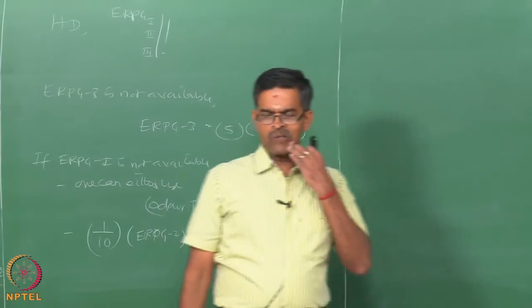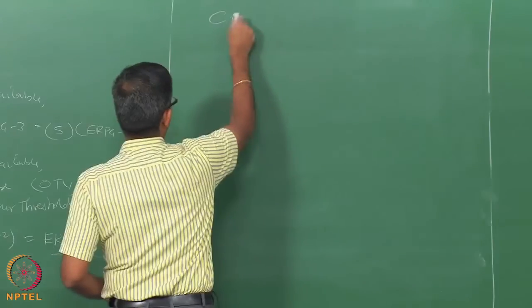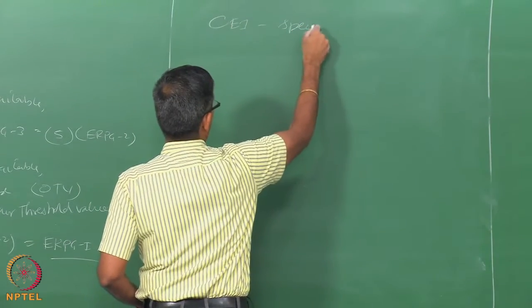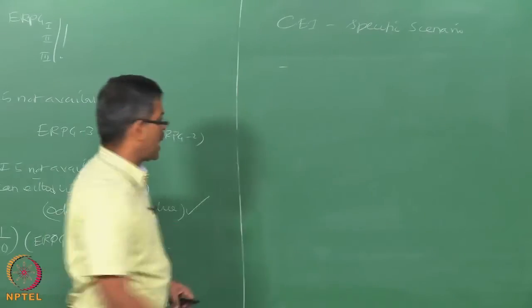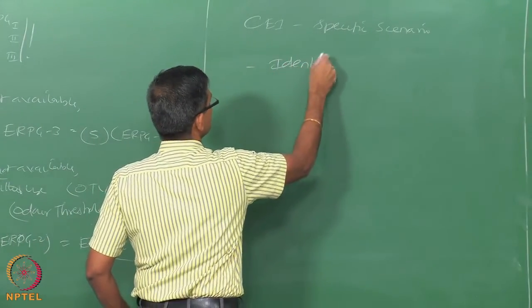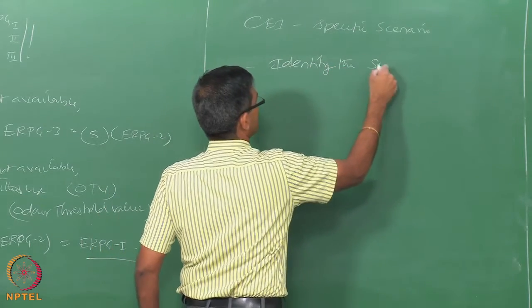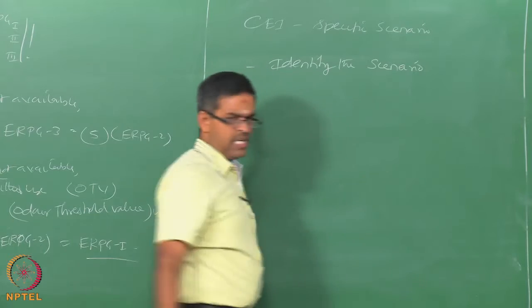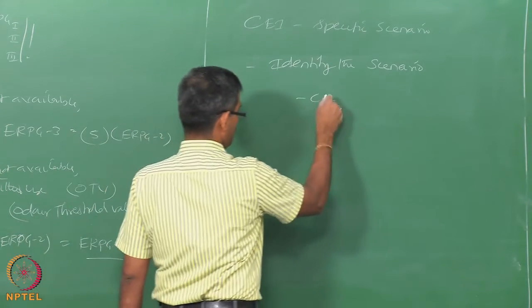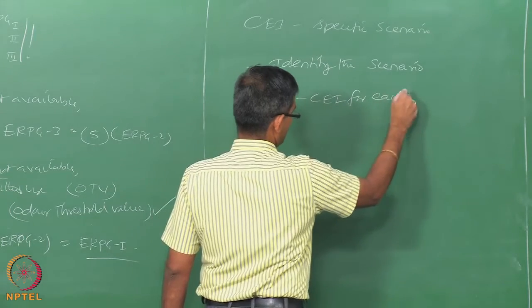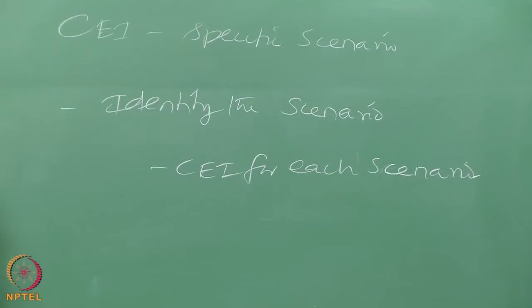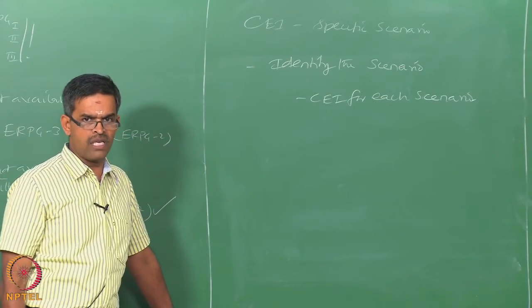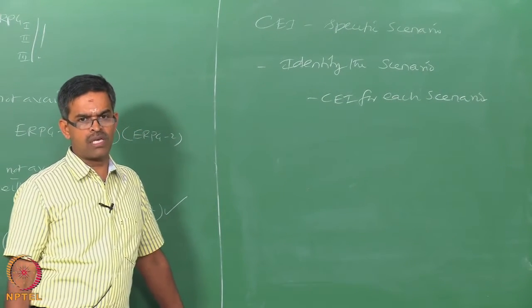As explained and understood, we all know that chemical exposure index is computed for a specific scenario. So, the foremost job in a given plant is to identify the scenario, or if you can identify more than one scenario, you must compute CEI for each scenario. So, the purpose is to determine which process piping or equipment has the greatest potential for release of a significant quantity of acutely toxic chemicals.